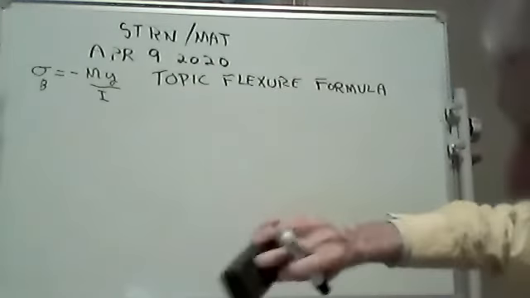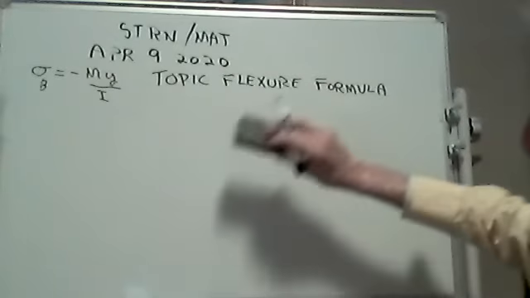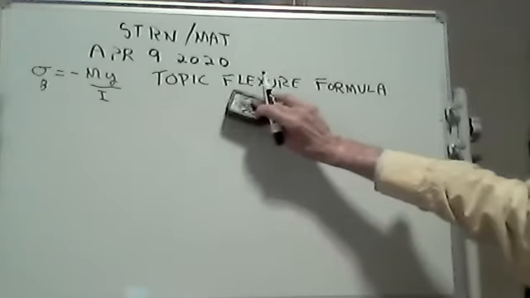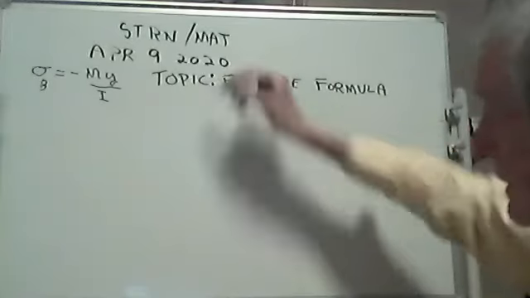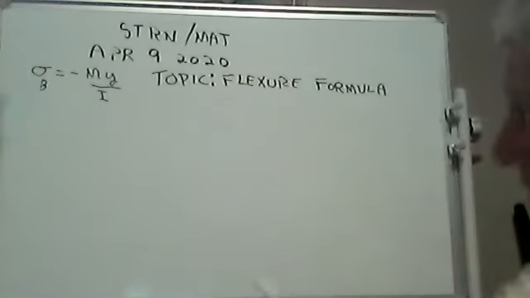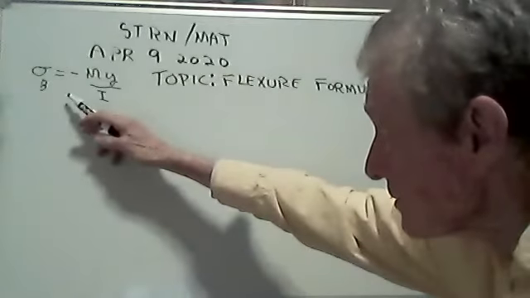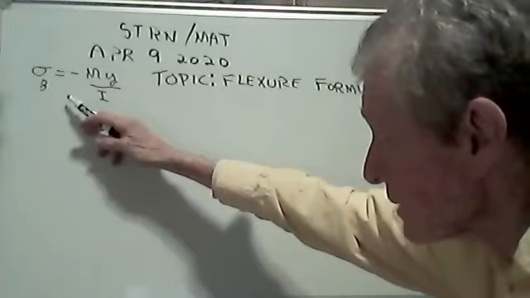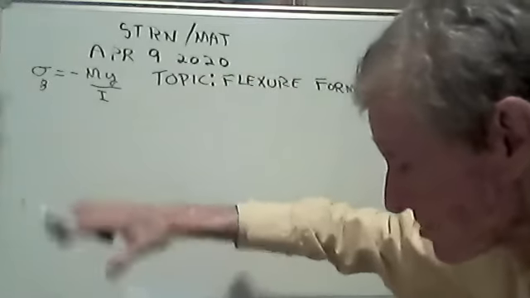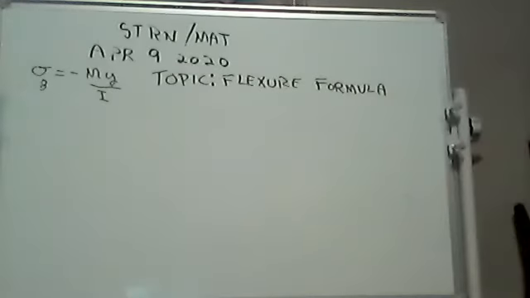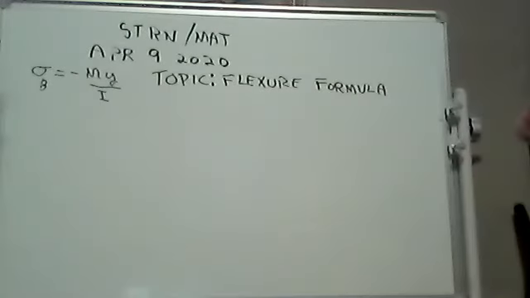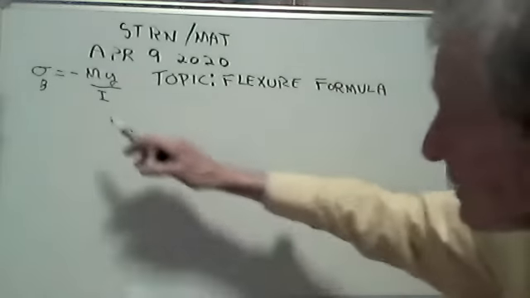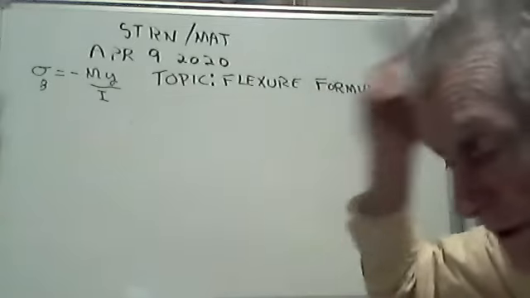Our topic today, for those of you that just tuned in, is the flexure formula. It's what you get for stress when you have a beam that's being loaded and it's sagging, it's bending, and you get bending stress. And this I here, we just showed you where it came from.